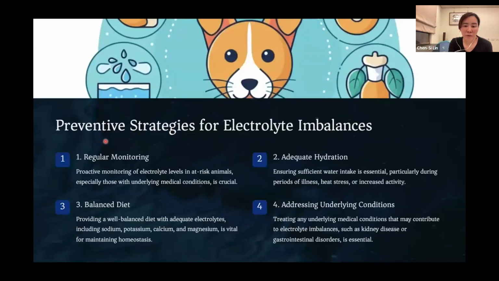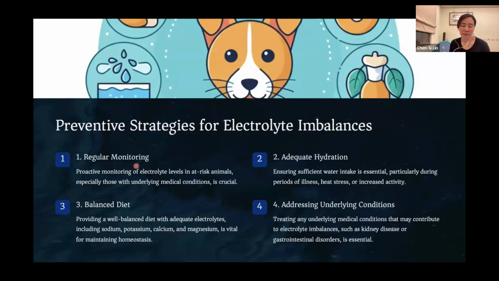So how do we prevent the occurrence of electrolyte imbalance? Regular monitoring is important, and we need to make sure the animals are in adequate hydration condition. They need to take enough water, but not excessive water.